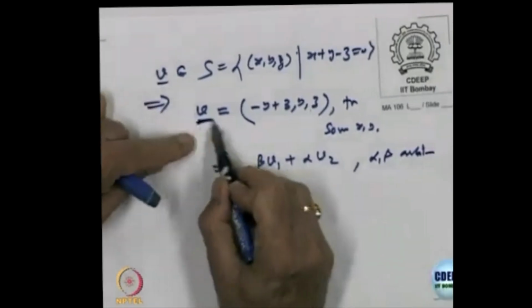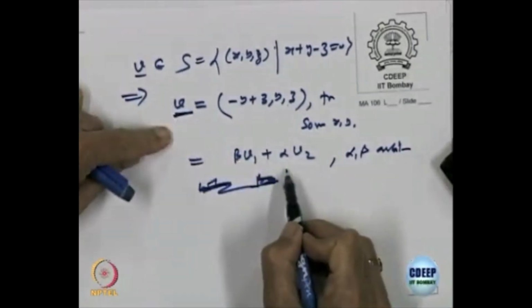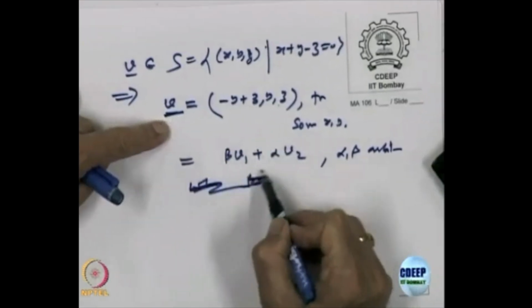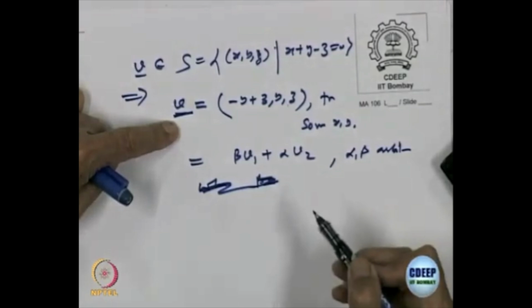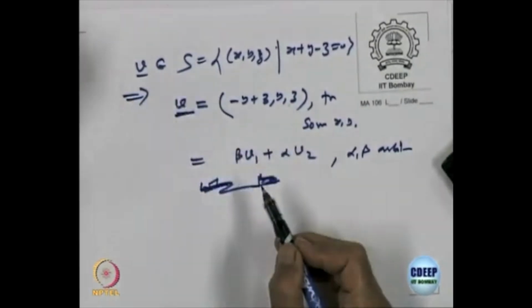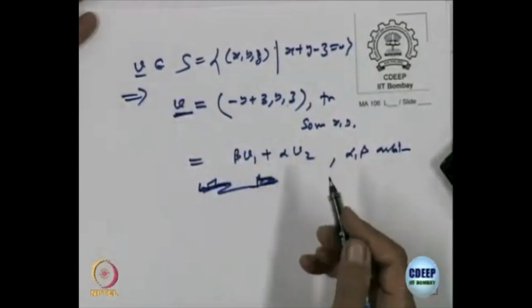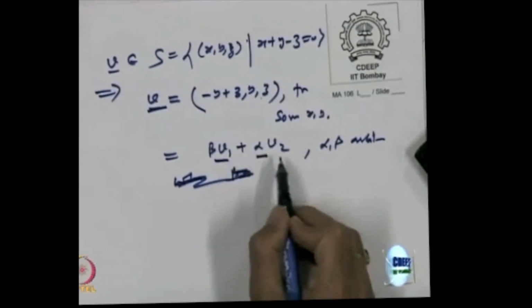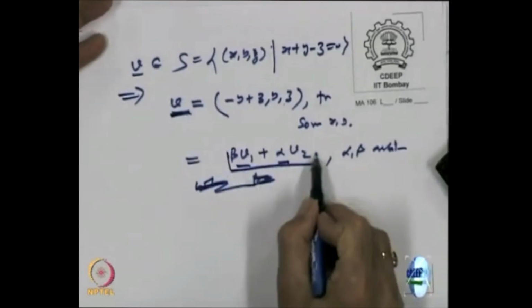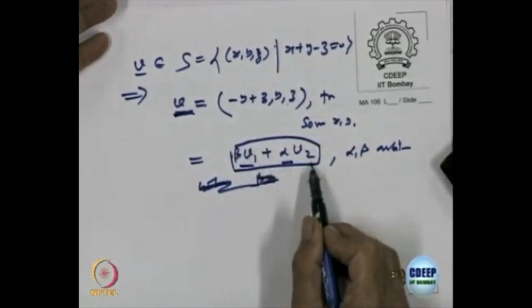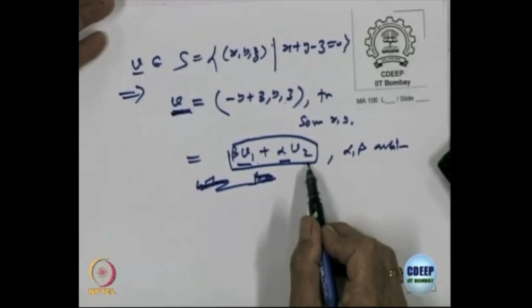If you know V, you can get alpha and beta, you can compute that from the system of equations. If V is known to you, then you can write down the system of equations and get the solution in terms of alpha and beta, in terms of the components of V. But that itself says that V should be equal to this. That means every solution is a linear combination of V1 and V2.